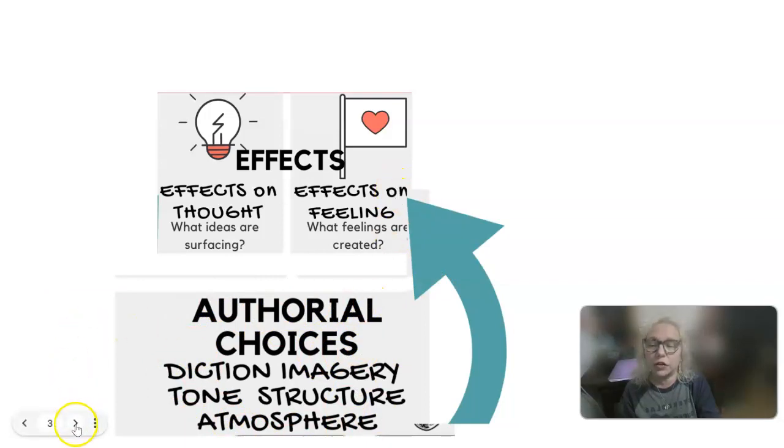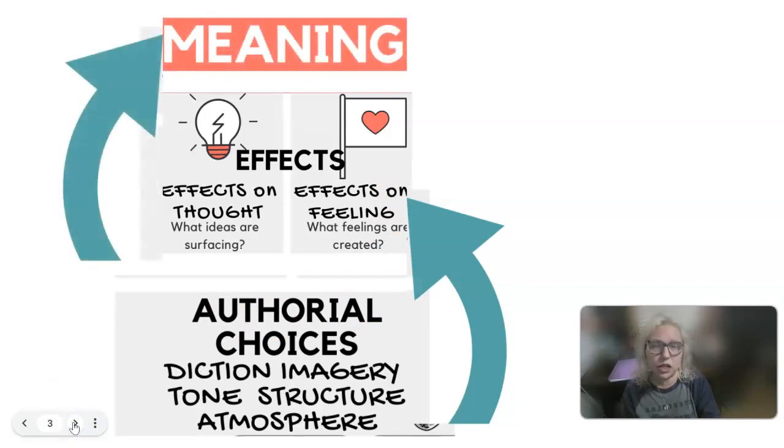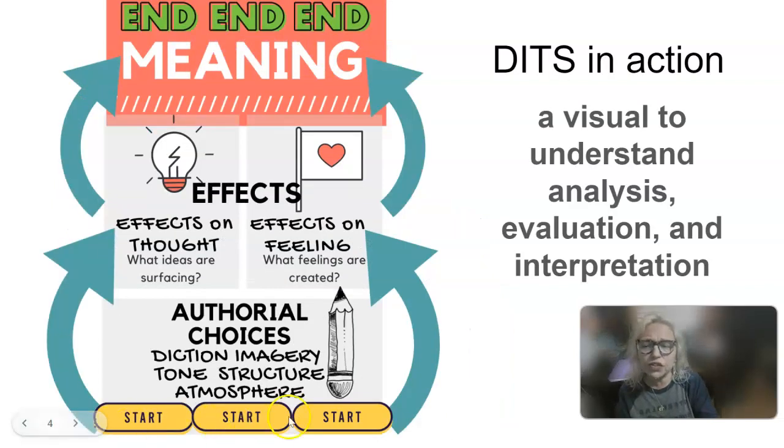What feelings are created? That's evaluation. And only after doing that can you get to interpretation. That's when we look at the meaning, and we do that by looking at how it connects to a key theme, a rich idea that we're tracing. So start with the authorial choices, then move to the effects, and then get to meaning.